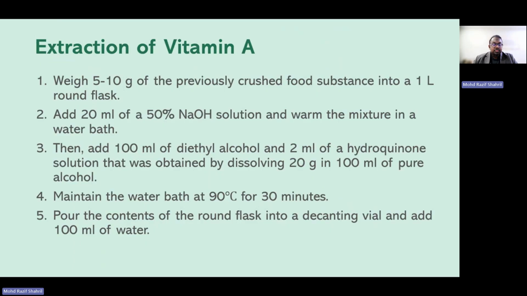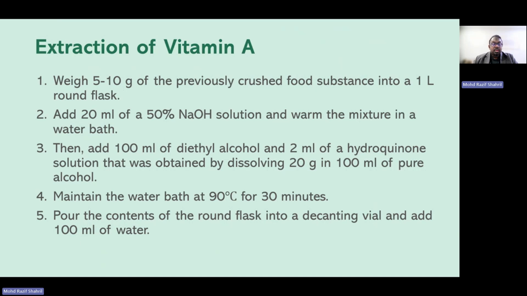So let's look at the specific nuances, first for extracting vitamin A. We start by weighing 5 to 10 grams of crushed food substance into a 1 liter round flask, and then we add 20 ml of 50% sodium hydroxide solution and warm it in a water bath.